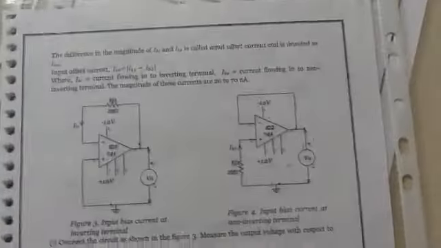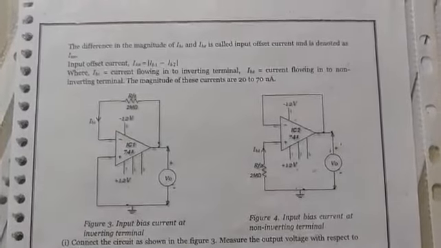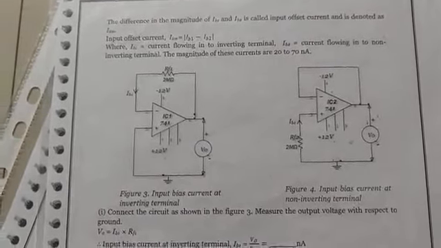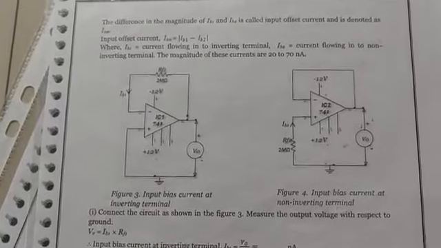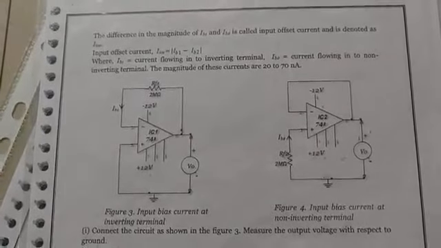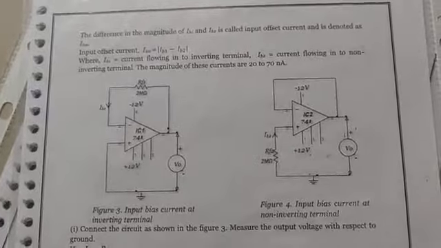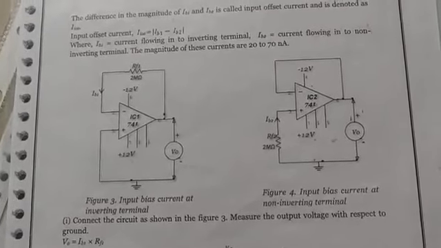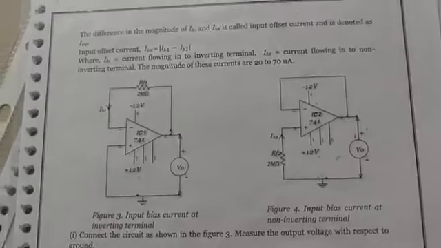Now, how to obtain this current practically? Practically, this current cannot be measured because it is in nanoamperes. So what we are doing here is measuring the output voltage, and we know that the output voltage is nothing but current multiplied by the feedback resistance.